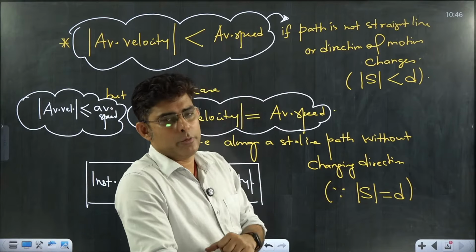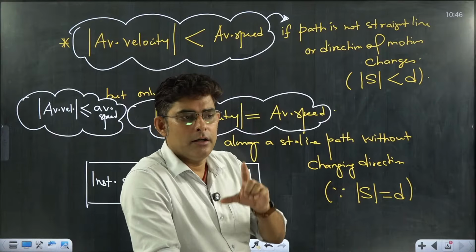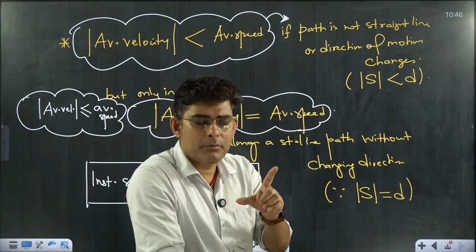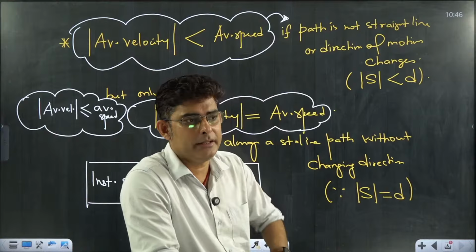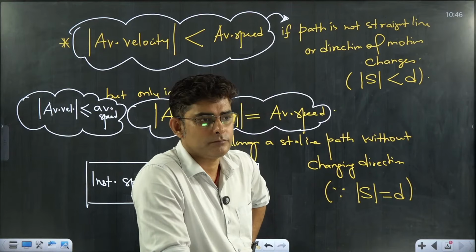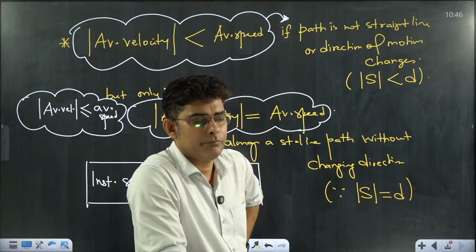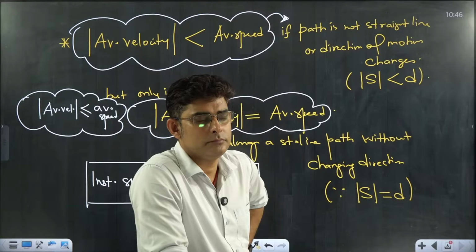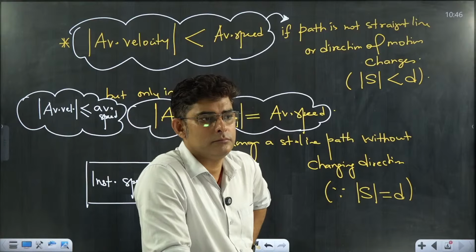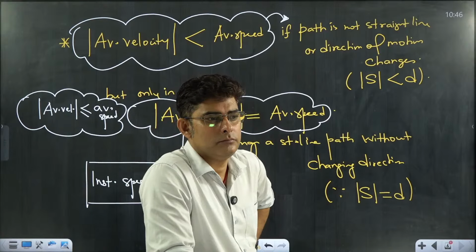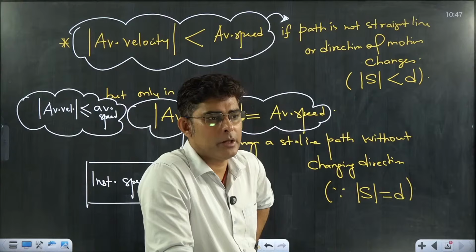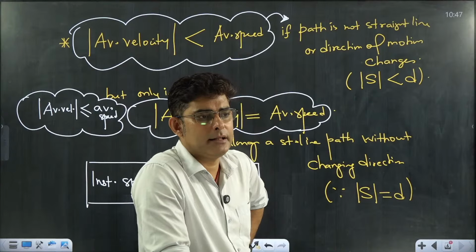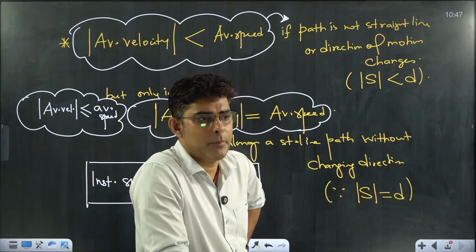Now I am changing my question. Is this my average speed or instantaneous speed? Everyone is telling 50 kilometers per hour. Now let's quickly answer the second part of my question.